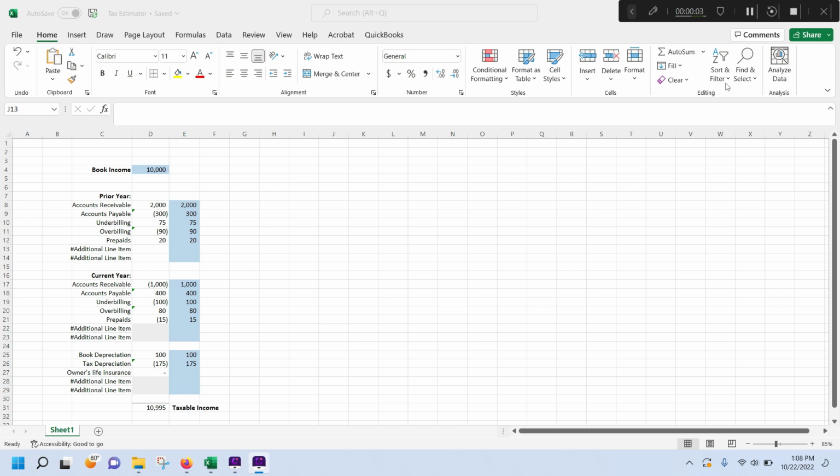So that's a quick overview of how to convert GAAP basis income to cash basis for the purpose of estimating your cash basis taxable income. I know that's a lot of information thrown at you in a short amount of time, but understanding it from the pure concept level will help make sense of why we're adding and subtracting balances in the current year and why we're adding and subtracting balances from the prior year.